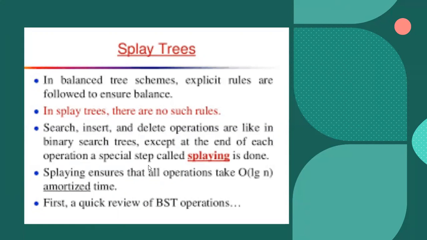Splaying ensures that all operations take O(log n) amortized time. Here splay trees are a data structure which does not use insert and delete operations like binary search trees; these are done only by the splaying operation. Splaying takes O(log n) time.